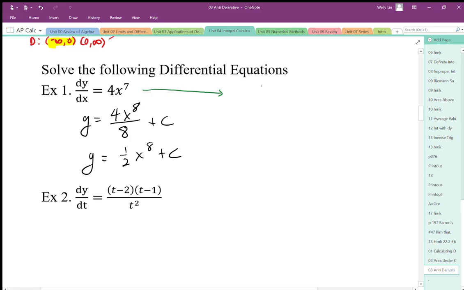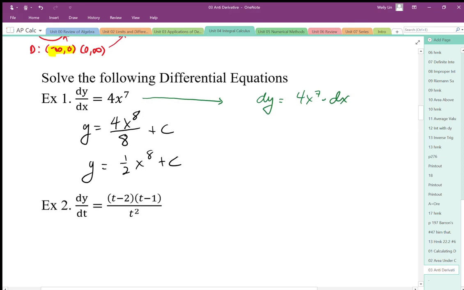I'm going to do it like this. I'm going to go dy is equal to 4x dx, moving the dx from the bottom to here. And this really means the derivative height times the width dx equals a change in the original y function, or the antiderivative function, and we can sum up those changes like that.